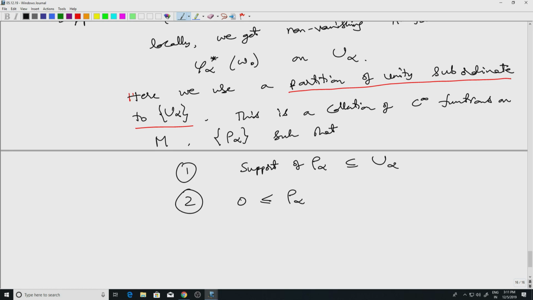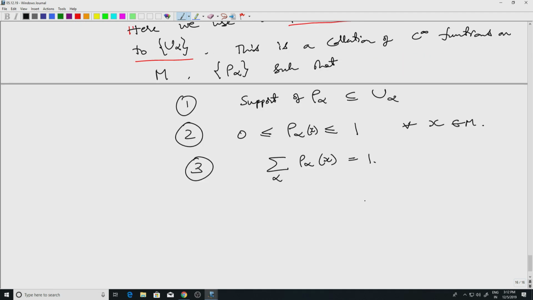Each rho alpha, the values of rho alpha lie between 0 and 1 for all x in M. And the last one is the reason why this phrase is used, partition of unity: the summation of rho alpha(x) over all alpha is equal to 1.